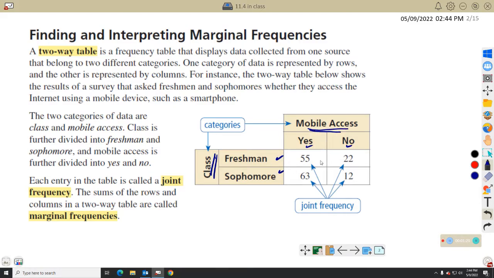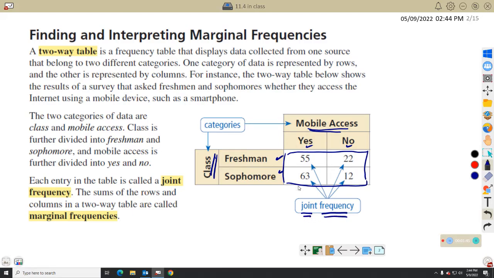Since we have two responses here and two responses here, we have four grids, or four rectangles in the grid, and we call those joint frequencies.